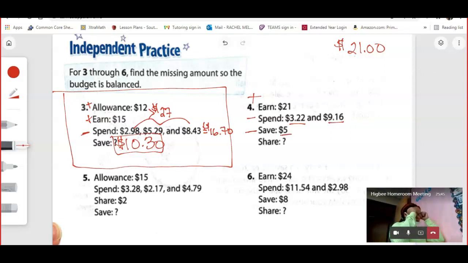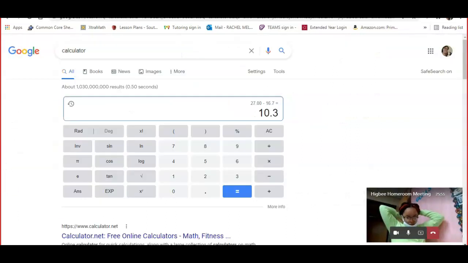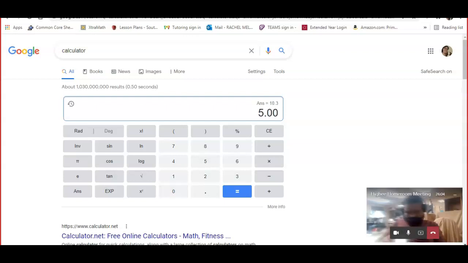Okay? So David, remember $5. Israel, remember $3.22. Brandon, remember $9.16. I'm going to clear it. David, what was your number? My number was $5. Okay. Israel, what's your number?